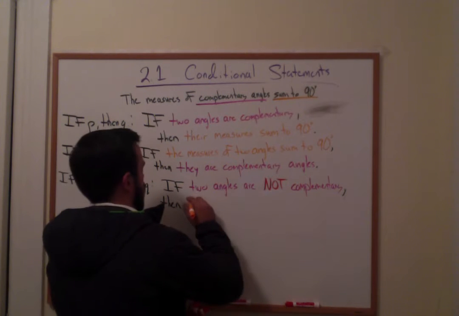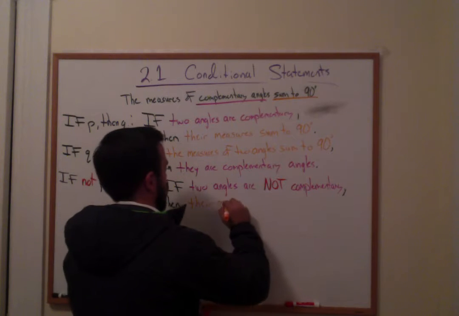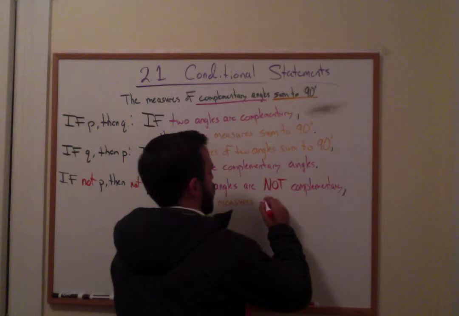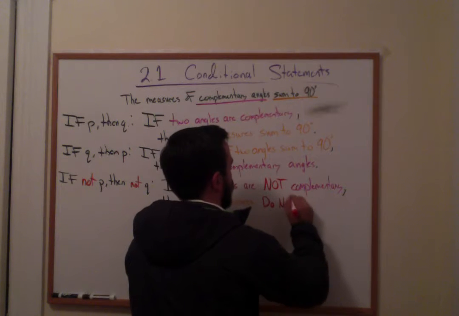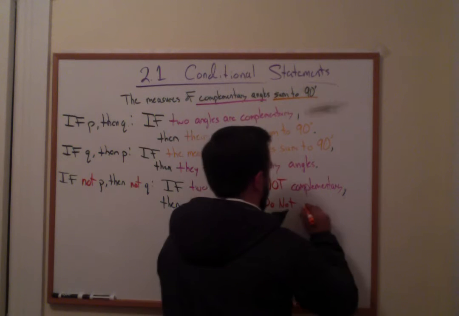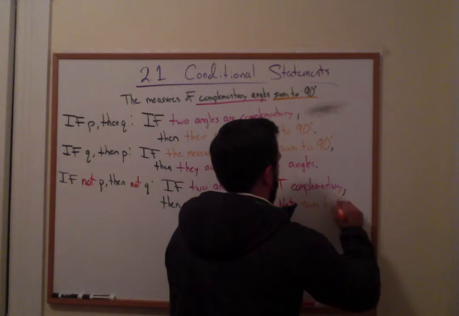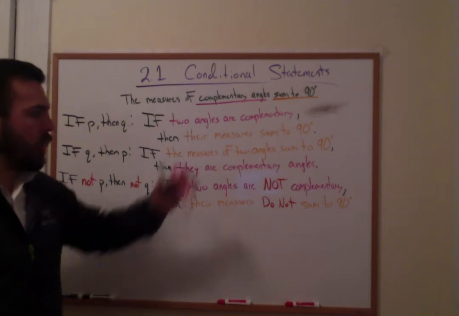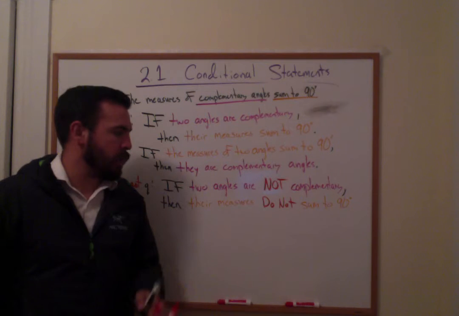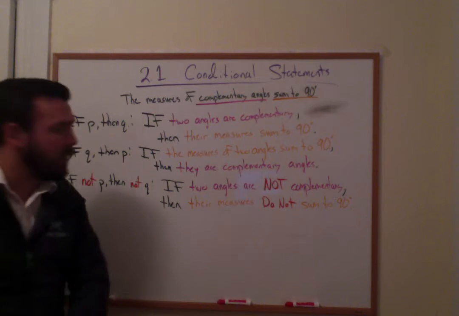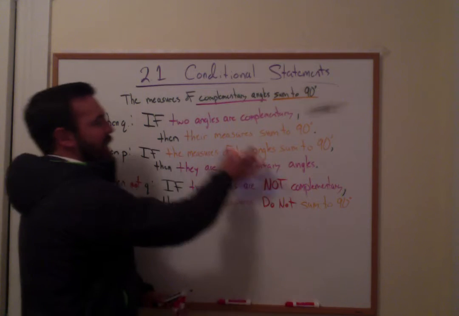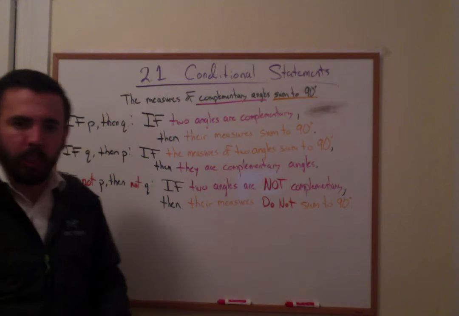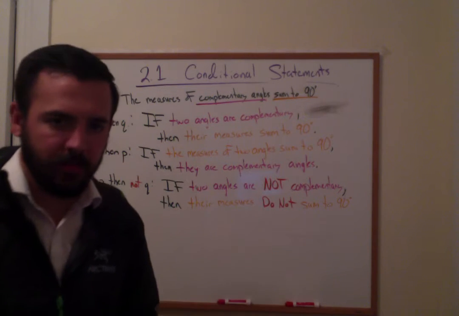Then their measures do not sum to 90 degrees. If two angles are not complementary, then their measures do not sum to 90 degrees. Do you see how we have just negated the original hypothesis and negated the original conclusion? That's what the inverse does.